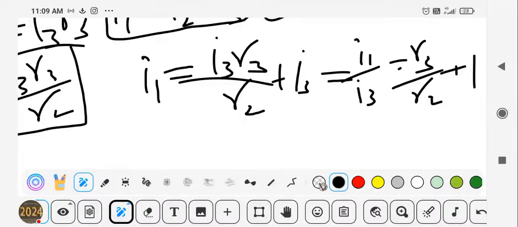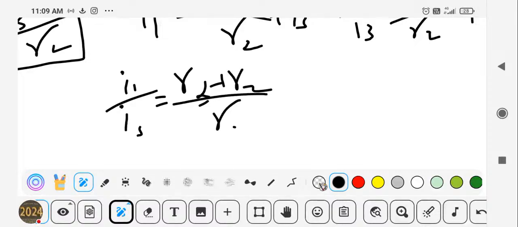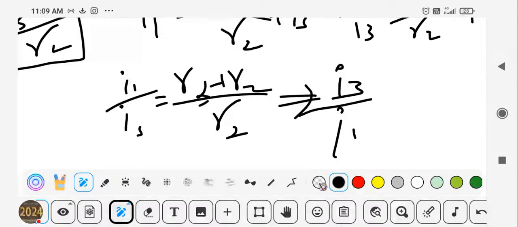They are asking the ratio, right? I1 by I3 is equal to R3 plus R2 divided by R2. They are asking for the ratio I3 by I1, so I3 by I1 is equal to R2 by R3 plus R2.